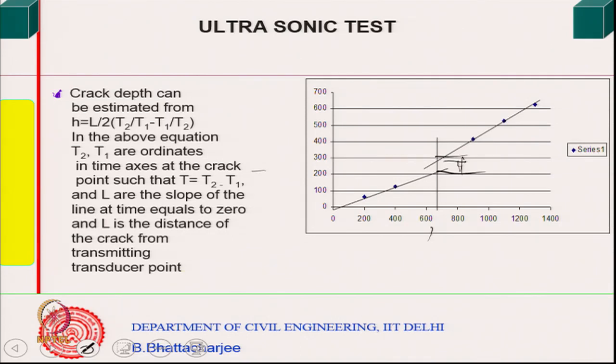So, L is the distance from this, this is L, and T2 minus T1 is T, and this value I am calling as T2, this value as T1.